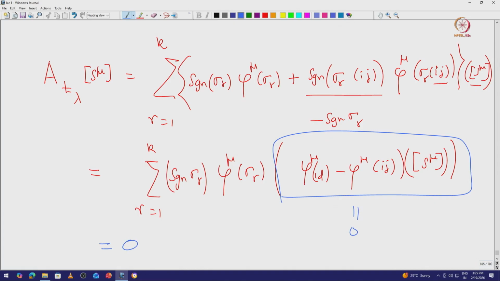So, this tells us that whenever we have two elements ij that are in the same row of S mu as well as in the same column of T lambda, then this A T lambda S mu must be 0. So, from the hypothesis, this should never happen.